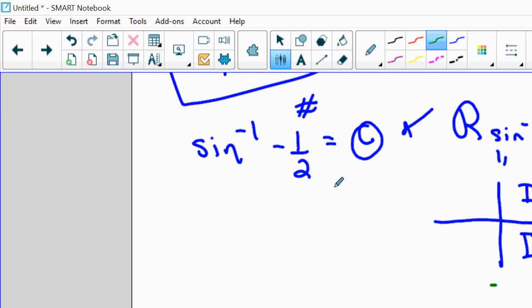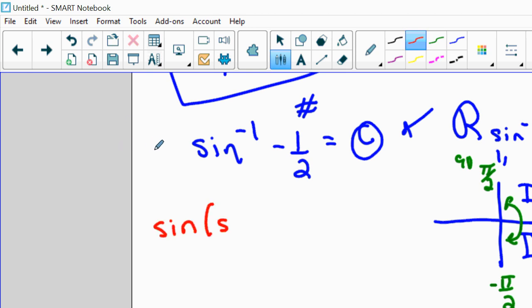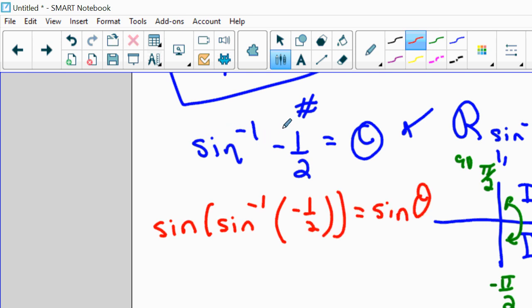But the weird one, you can only give me answers from minus pi over 2 to pi over 2, or minus 90 to 90. But negative 45 does lie in the fourth quadrant. Well, anyway, I'm going to take sine of both sides, and I get negative 1/2 equals sine theta.